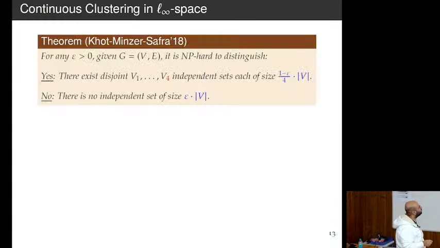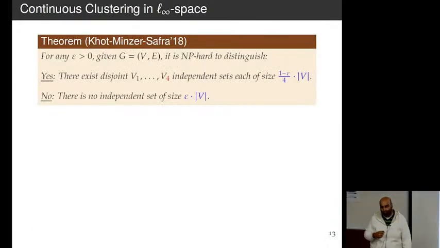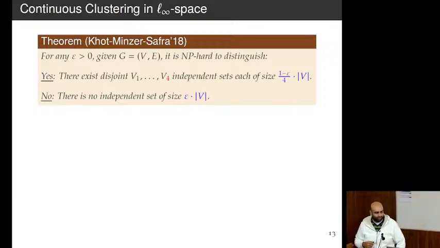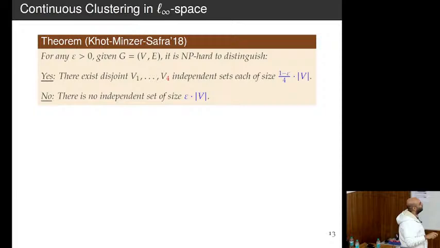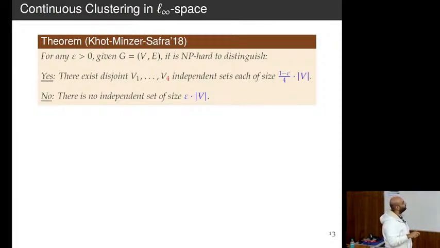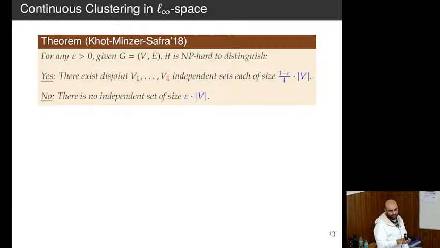So there was this recent line of work, the unique games conjecture, and then we got this very nice strong theorem from 2018 that given a graph, it's NP hard to distinguish if you can partition the vertex set into 4 equal parts, such that all of them are independent, or every independent set in the graph is of size at most epsilon times V. It's a very, very strong statement.